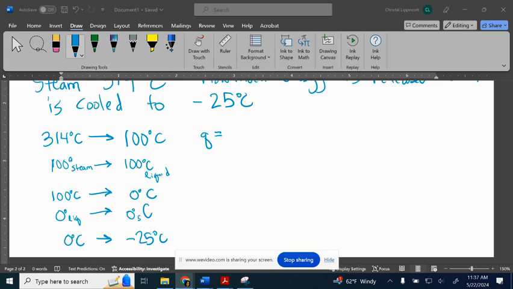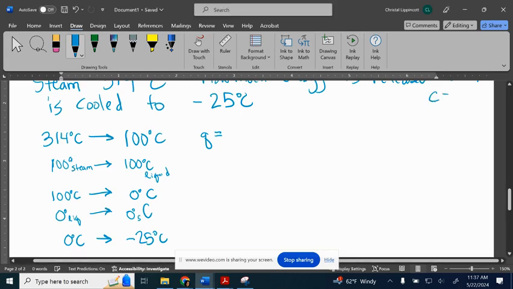All right, so that is 1.9. So specific heat of water vapor, C for water vapor. And that is, no, that's not right. There it is, 1.9.